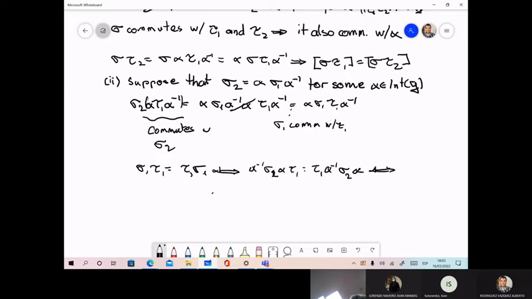And just by multiplying both sides by alpha on the right and alpha minus 1 on the left, we get that alpha minus 1 sigma 2 alpha tau 1 alpha minus 1 equals alpha minus 1 alpha tau alpha minus 1 sigma 2 alpha minus 1.